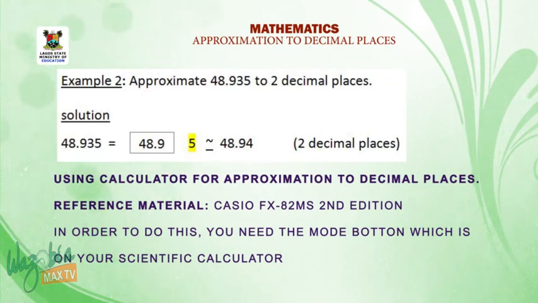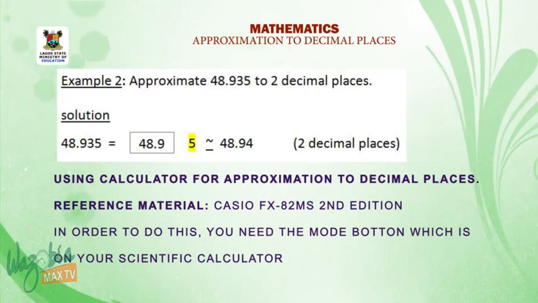Digit 5 is the third decimal place. But before we let go, 5 is rounded up, which becomes 1, and that 1 is added to 3. So our final solution is 48.94 to 2 decimal places.